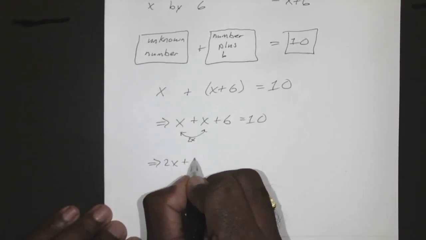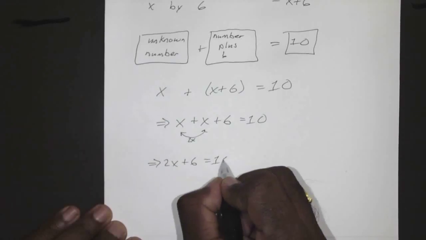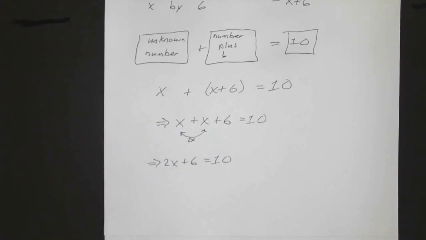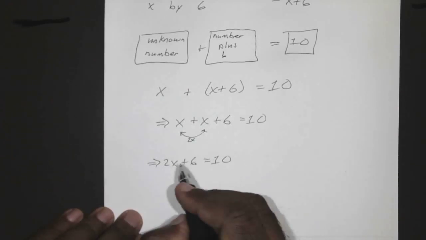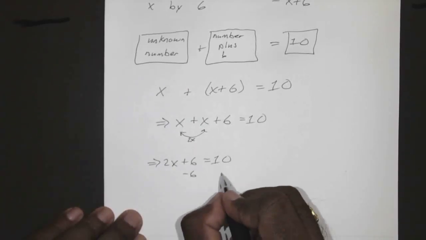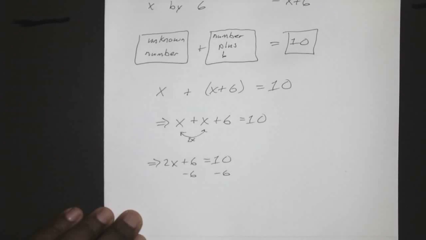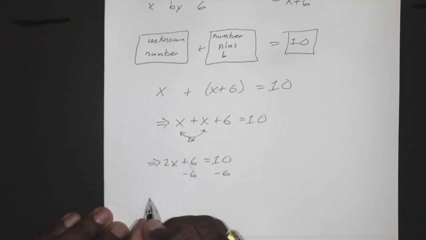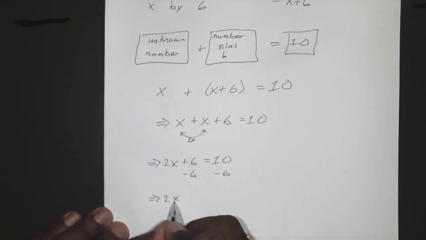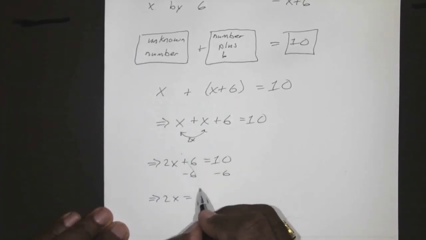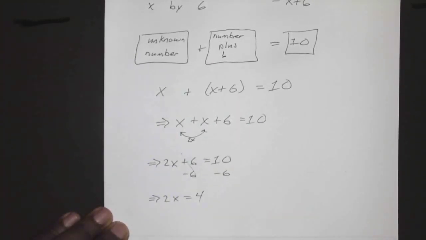So we have 2x plus 6 equals 10. So we can just subtract 6 from both sides. These two cancel each other out. So you have 2x equals 10 minus 6, which is 4. Divide both sides by 2. You have x equals 2.